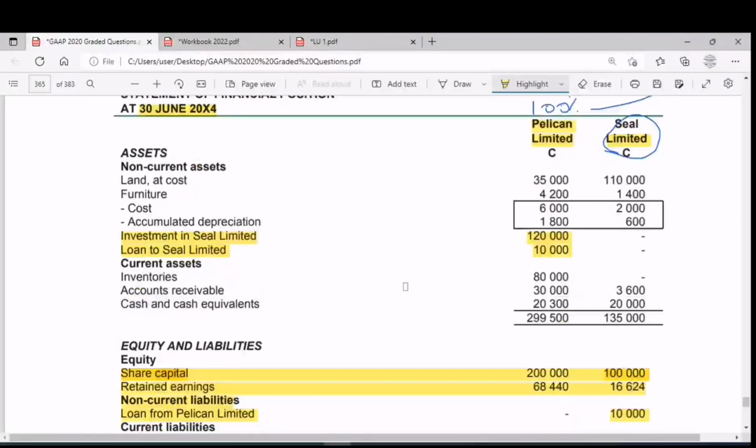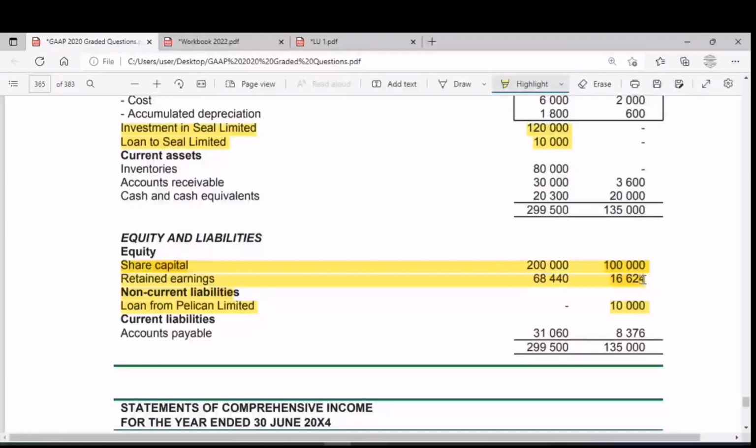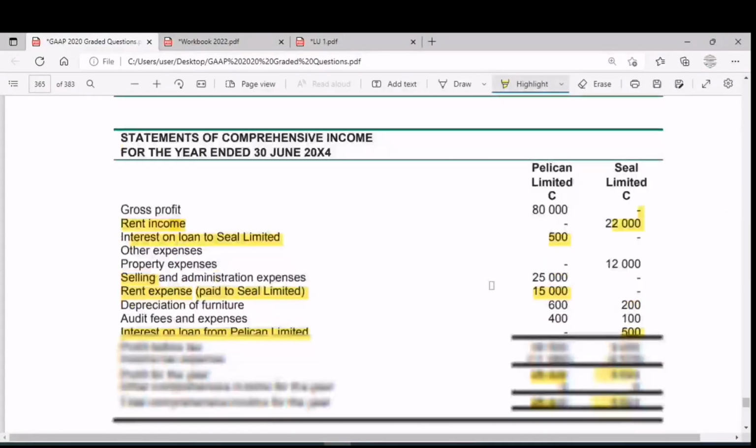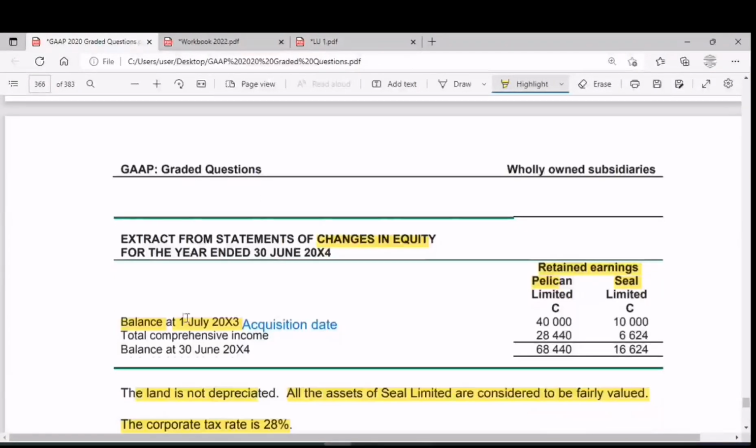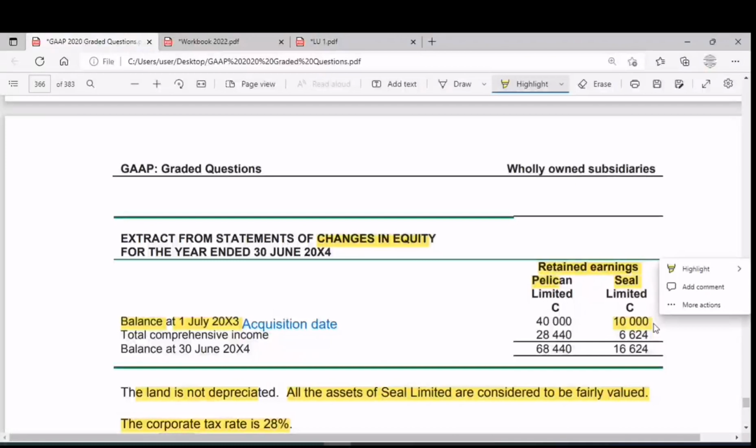So awukwazi ukuthi uthi leya 16,000 yona retained earnings at acquisition, no. Kwi-statement of changes in equity ngize ngabhala ukuthi i-opening balance ibingomhla ka-1 July 2023 obekuyiyona acquisition date. Kusho ukuthi at acquisition the retained earnings ka-Sale Limited i-value yakhona ibisathi 10,000. So u-6,624 i-value ya-retained earnings ebe accumulated after acquisition.